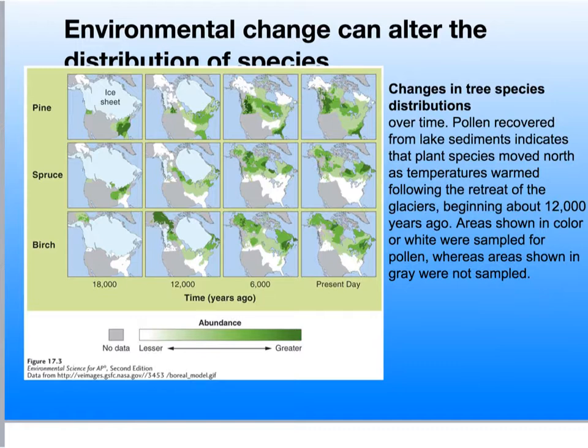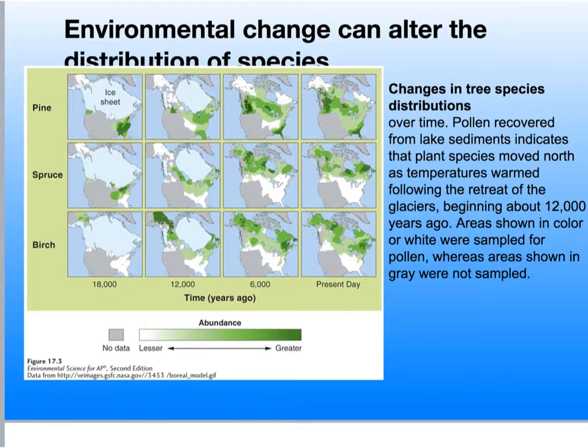So if our predictions of future environmental changes are correct, and if we have a good understanding of how niche requirements work, we should be able to predict how the distribution of species will change over time. North American trees, for example, are expected to have more northerly distributions in the future as global temperatures increase.